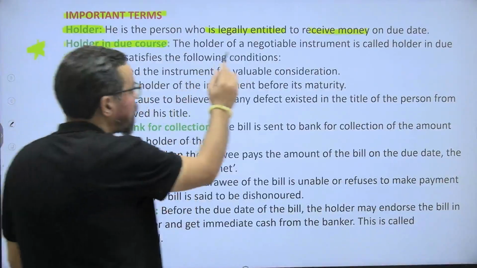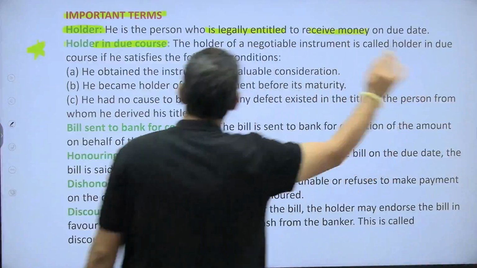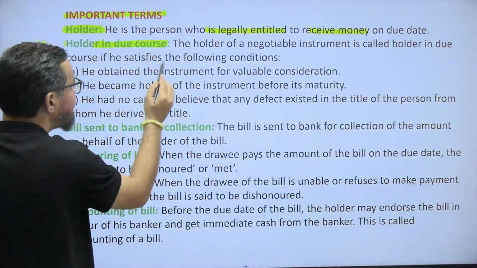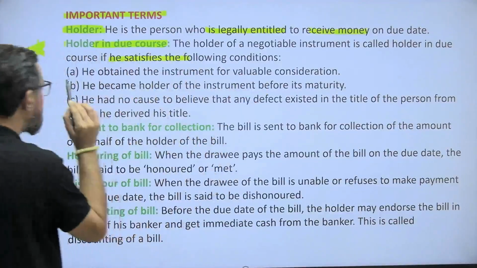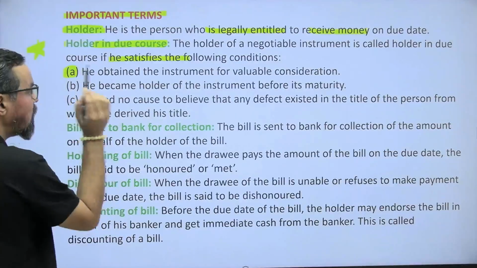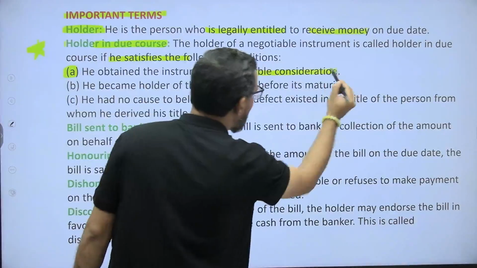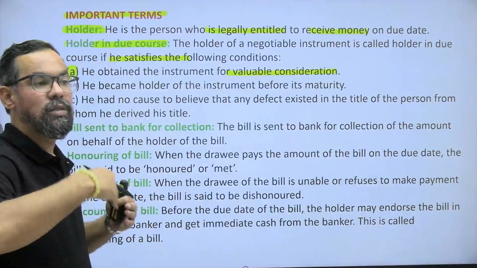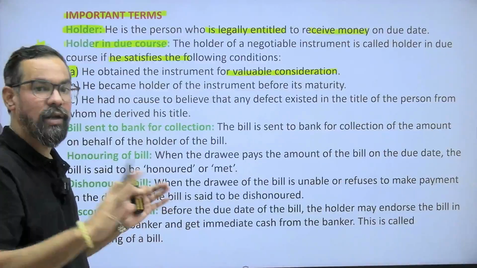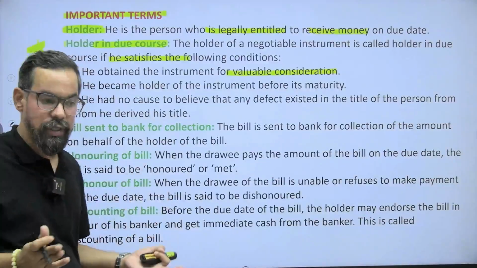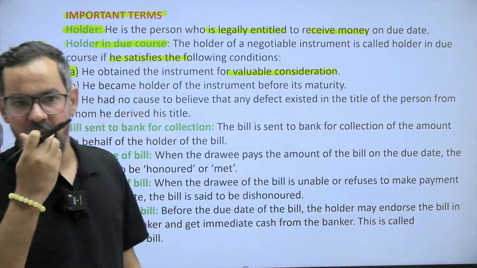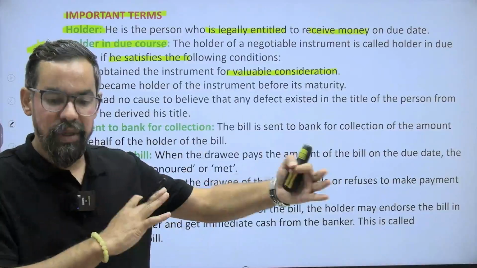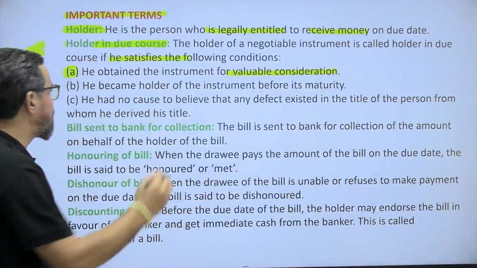The holder of a negotiable instrument is called holder in due course if he satisfies the following conditions. There are three conditions. First, he obtained the instrument for valuable consideration. A gives some services to B, that is valuable, or there is an invoice, or A passes on some goods to B, so that is the one.